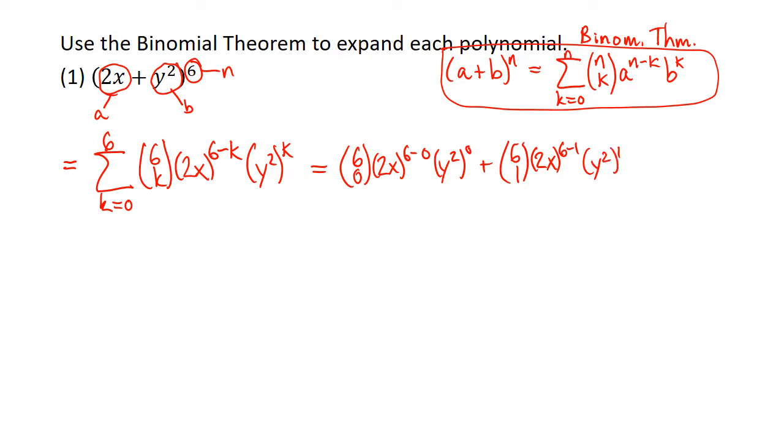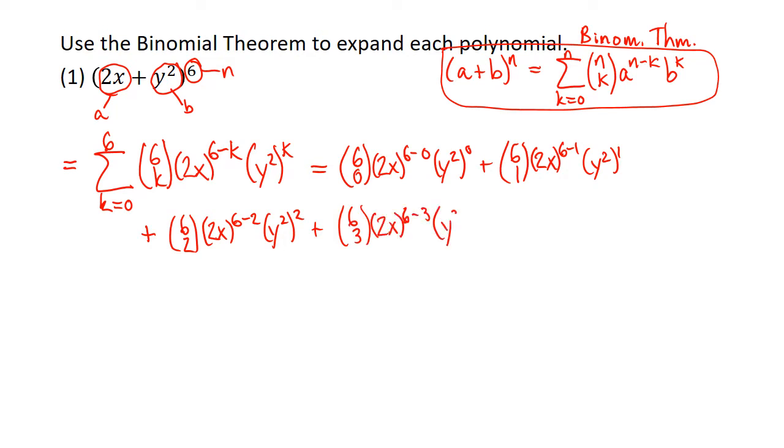Then plus 6 choose 2, (2x) to the 6 minus 2, (y squared) to the 2, 6 choose 3, (2x) to the 6 minus 3, (y squared) to the 3. You just keep going like this until you get to 6. It's kind of boring. You can fast forward if you want.